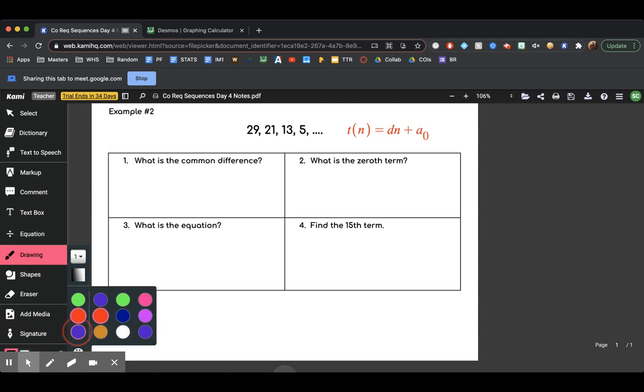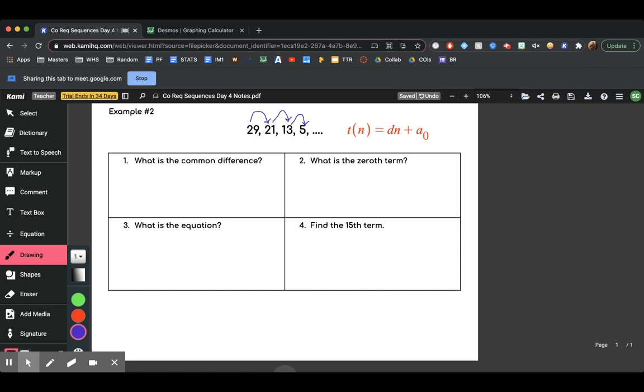So to find the common difference, we need to know what is happening, how we're going from 29 to 21, and from 21 to 13, and from 13 to 5. As you can tell, the numbers are decreasing, so that tells me that my common difference will have to be negative, because we are taking away numbers.